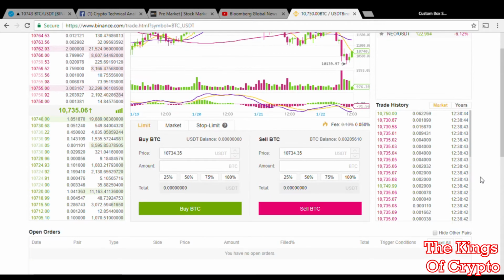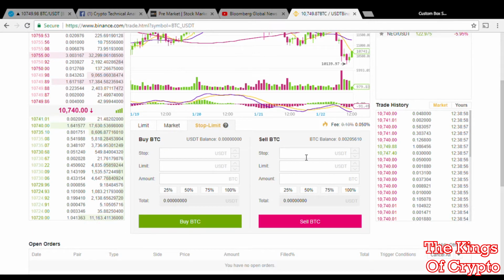If I wanted to set a stop loss below the lowest price of the day, what I do is scroll down to where it says limit, market, and stop limit. I click stop limit. Now, I want to sell if we come below $10,139.97.